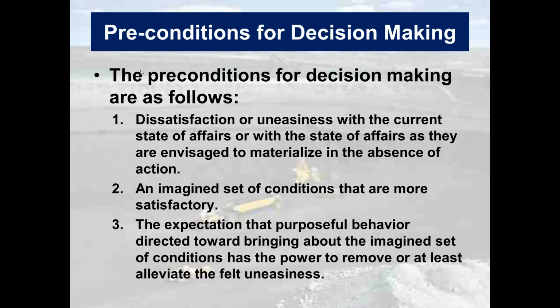So in economic terms, the first condition spells out the net present value of the do-nothing alternative. The second condition spells out the net present value of the proposed course of action. And then the third condition, an expectation, emphasizes the uncertainty aspects of fitting the proposed course of action into an existing framework.